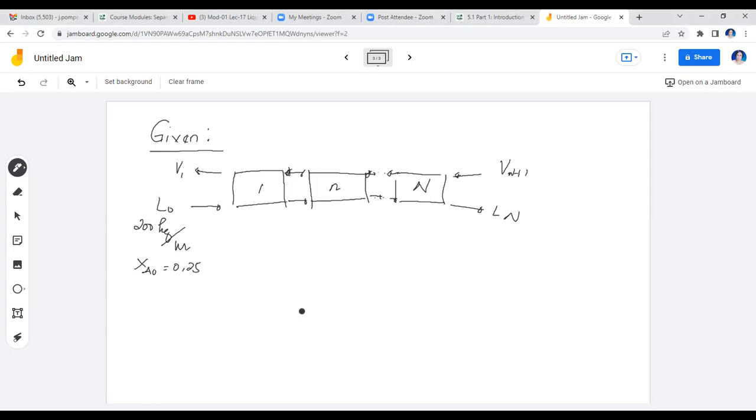Okay, what else is given in the problem? Can you supply me with the given information? What is our V sub N plus 1? 600 kilograms per hour. This is pure. What's our solvent?